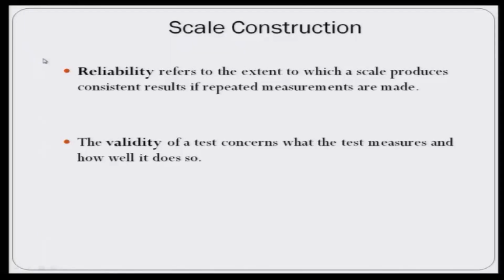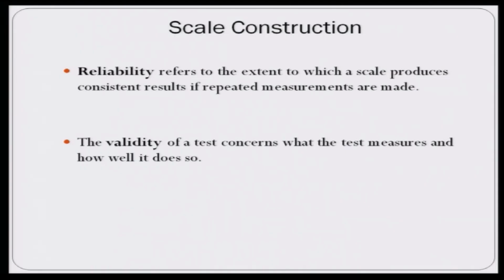While we are constructing these scales for the measurement of a particular property, what we need to understand is that we should ensure the reliability and the validity of the scale. Reliability refers to the extent to which a scale produces consistent results if repeated measurements are made.